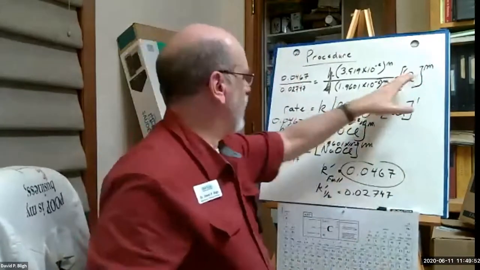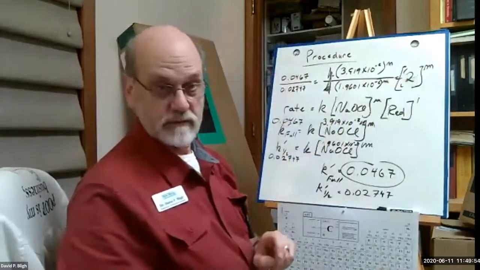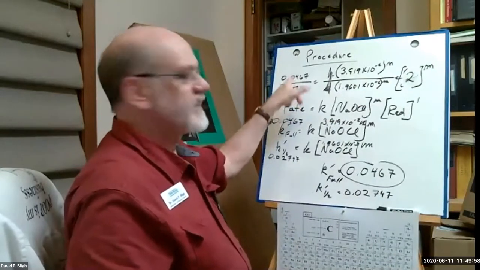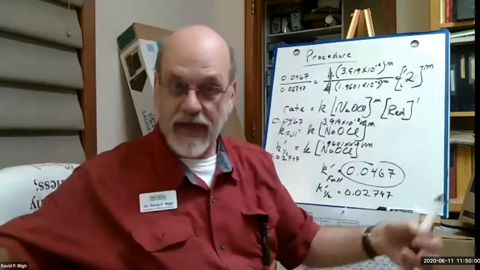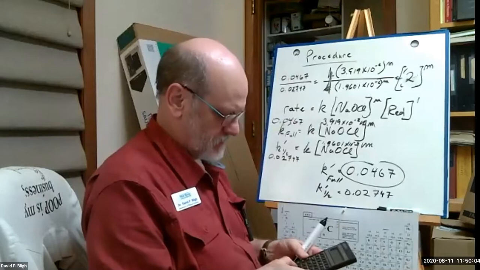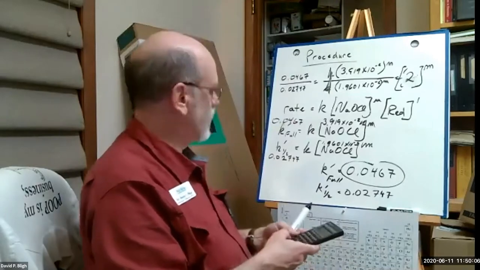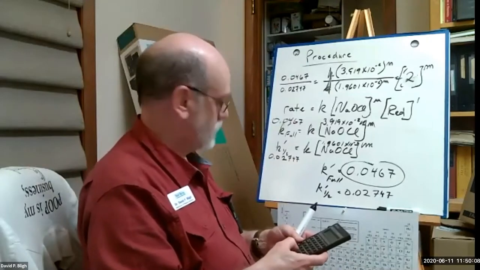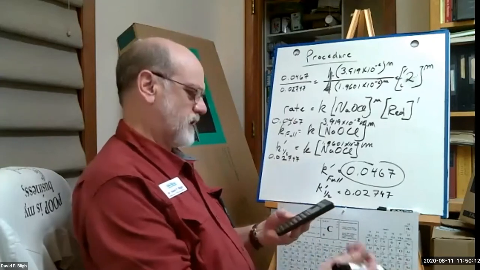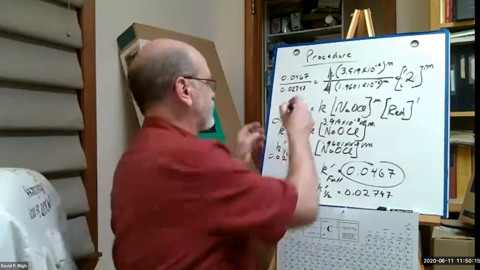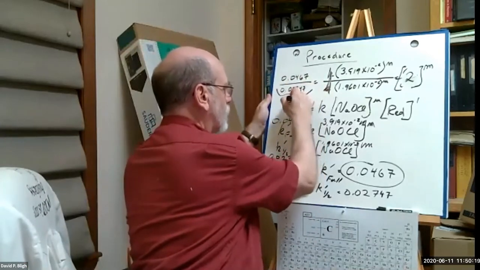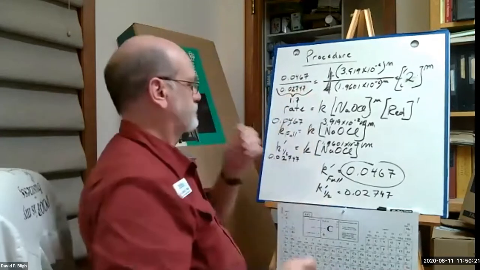So 2 to the m power is equal to this. So what is this one? That's the one where you just do the calculation. So 0.0467 divided by 0.02747 is 1.7. So this is equal to 1.7.